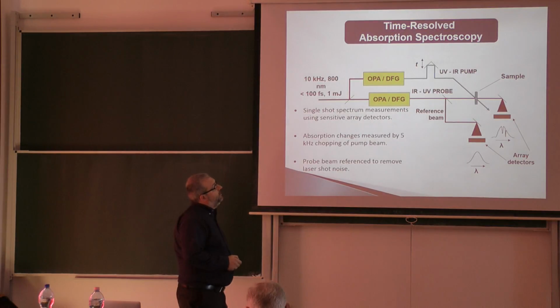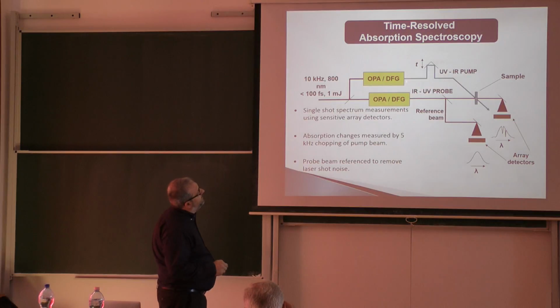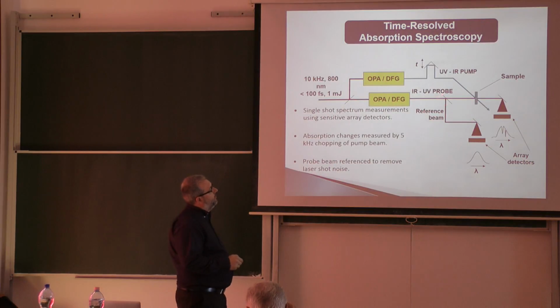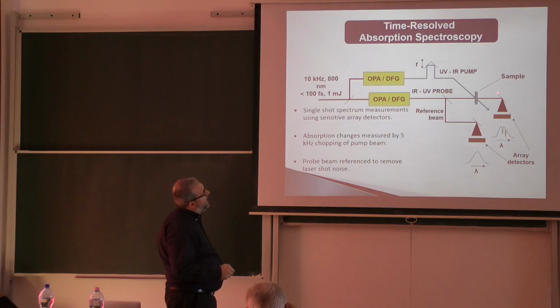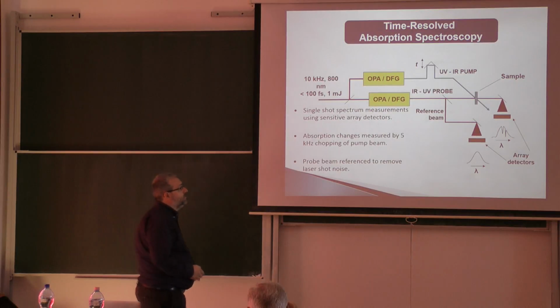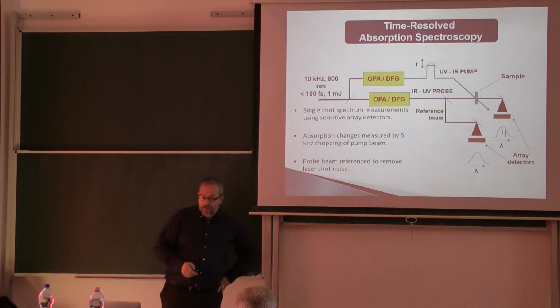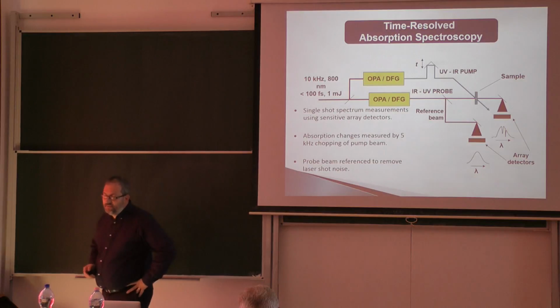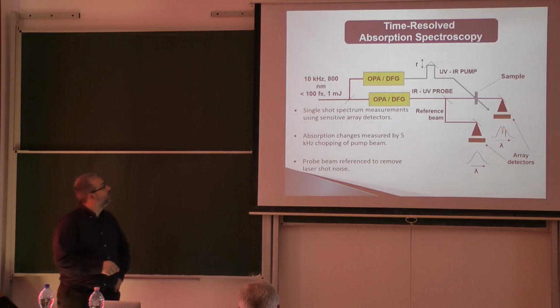Now the idea is very simple. This is our pump, and it goes through the sample, and this is our IR probe, and it goes through the sample as well. And what we are measuring basically is the transmission on the detectors. And actually the detectors are also crucial in this configuration, because they are very, very expensive.